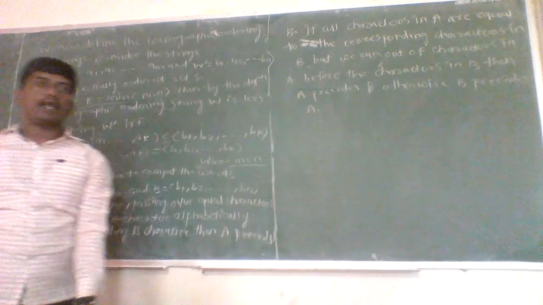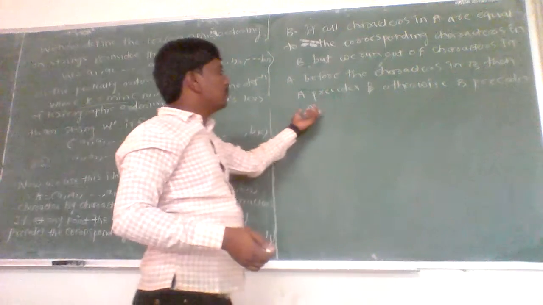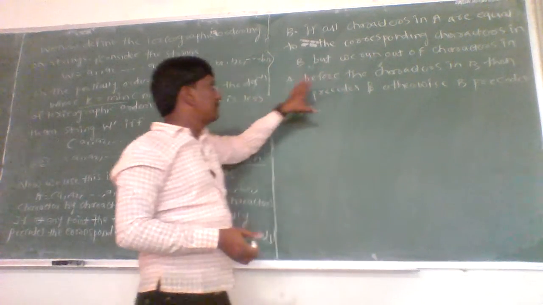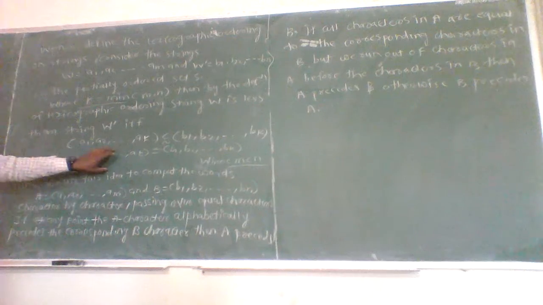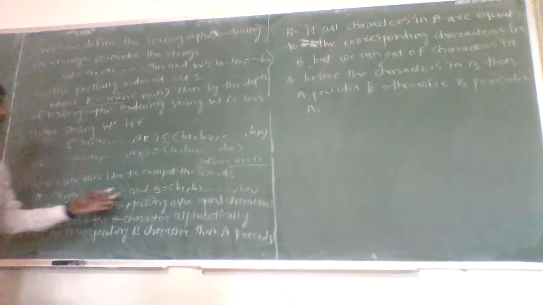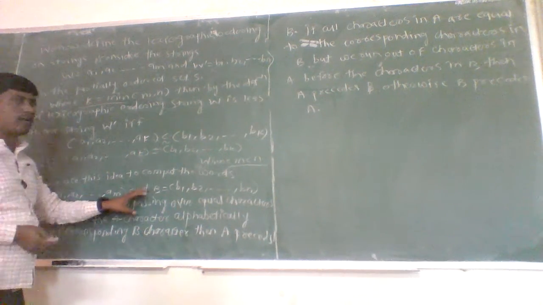So, if we have to arrange some words in alphabetical order, how will you arrange the two words? Suppose A and B are two words where A contains M characters and B contains N characters, and we have to arrange these words A and B in alphabetical order.